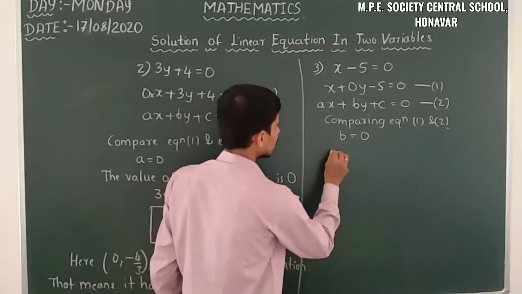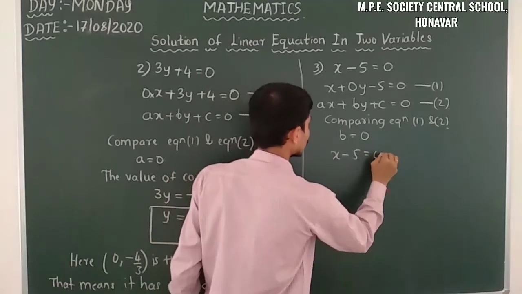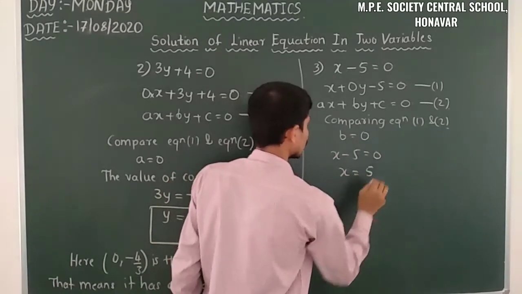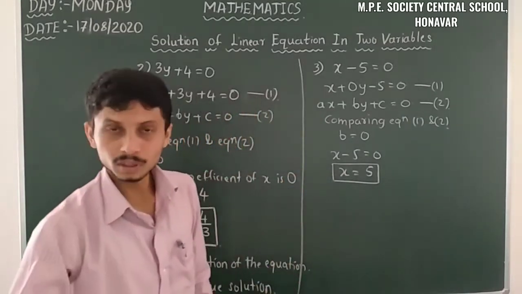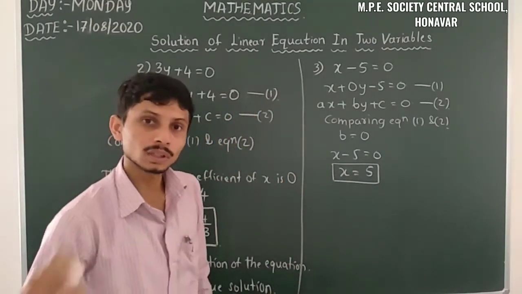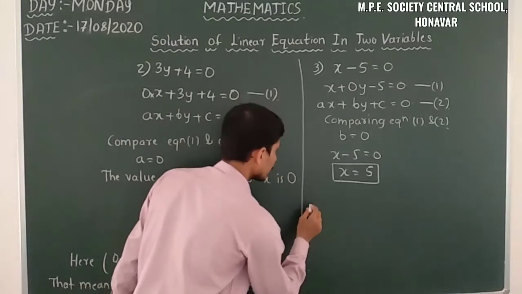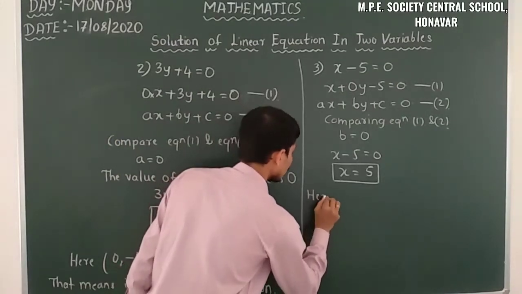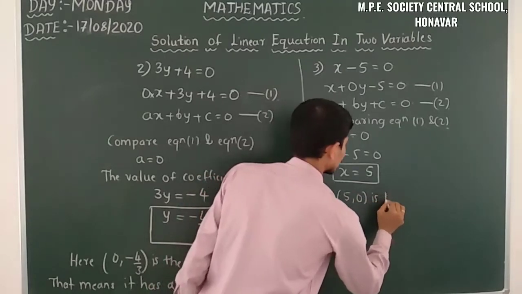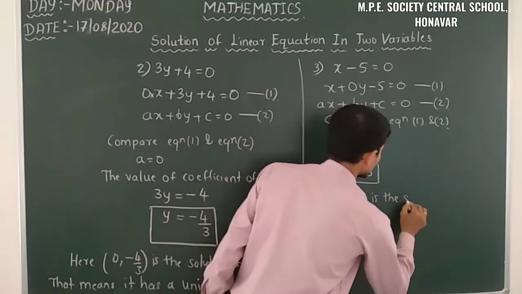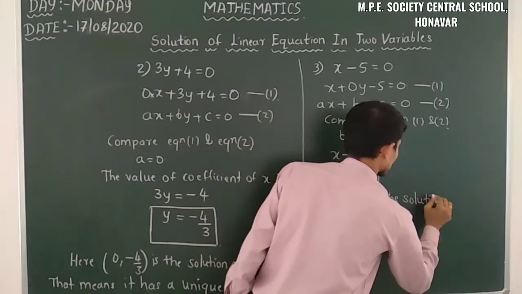What happens here? x minus 5 is equal to 0, then x is equal to 5. Yes. So here also it has only one solution, that is 5, 0 is the solution of the equation.